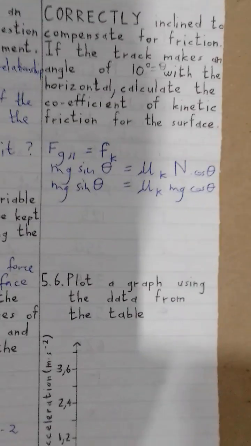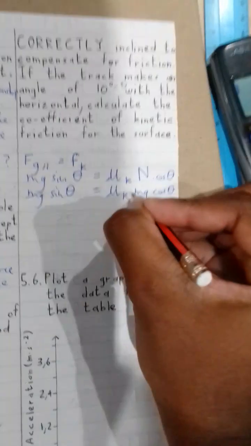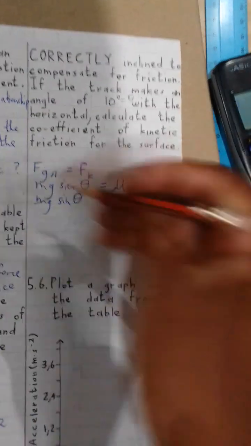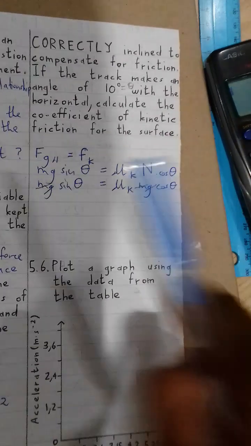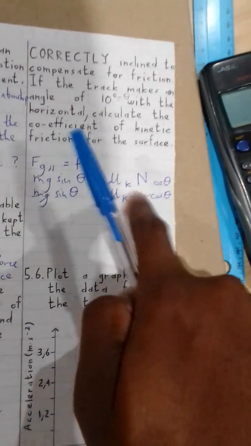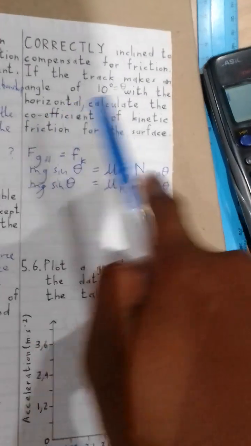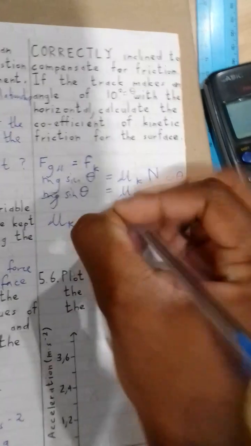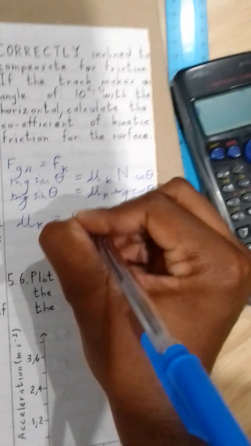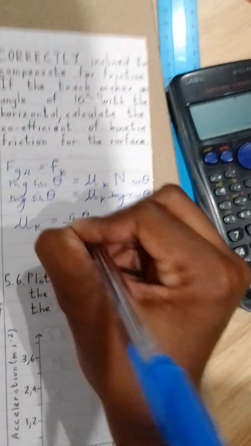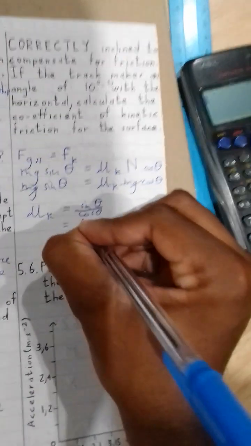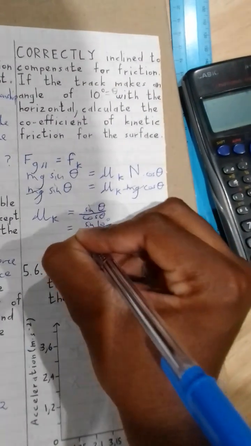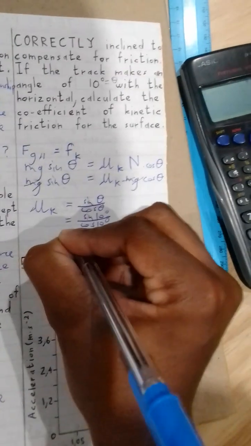You cancel those that appear on both sides. M this side, goes. G this side, it goes. So on the left you have sine theta is equal to, on the right, mu k cos theta. So mu k is sine theta over cos theta, which is sine 10 degrees over cos 10 degrees.